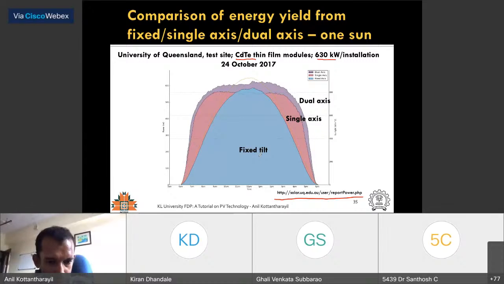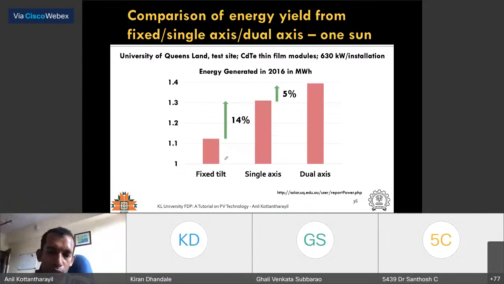This is a typical day. For example, this is a fixed tilt. Single axis gives you more total energy. Dual axis gives you slightly more. So there is a significant increase in the energy between fixed tilt and single axis.